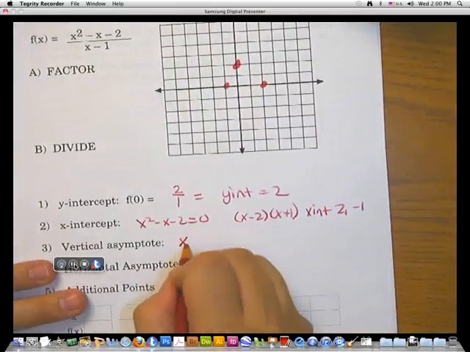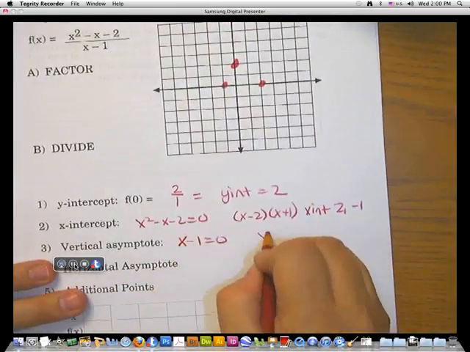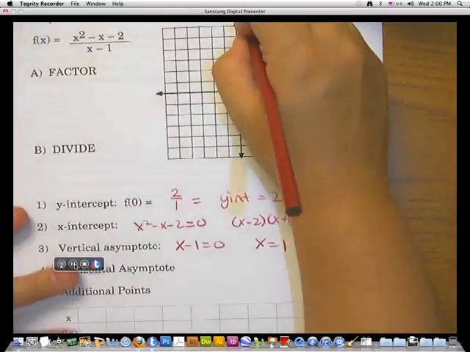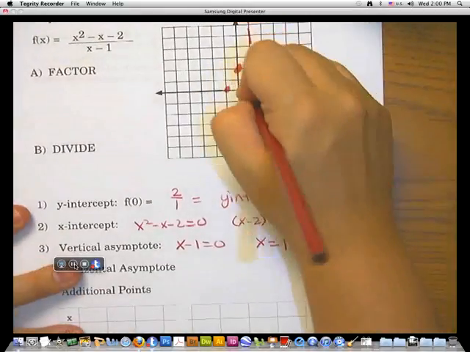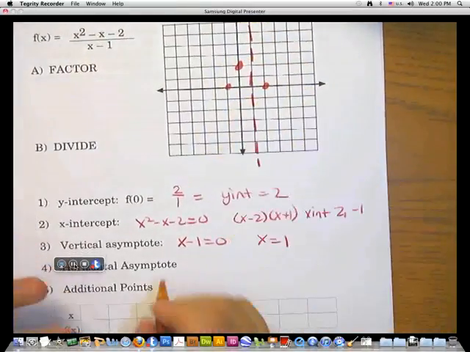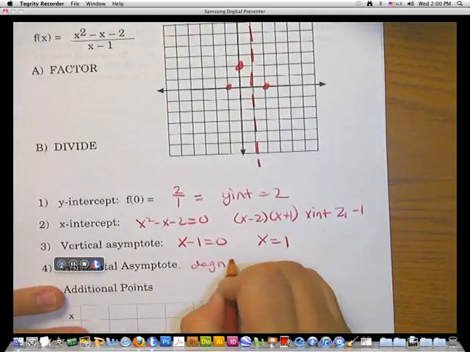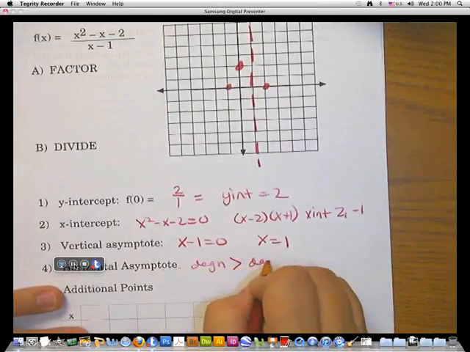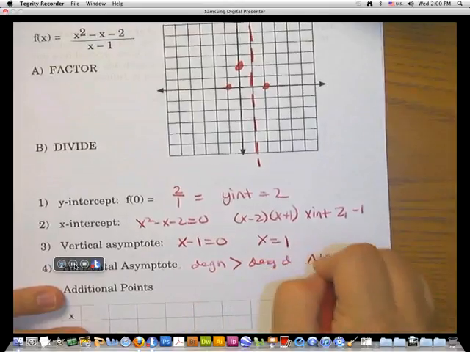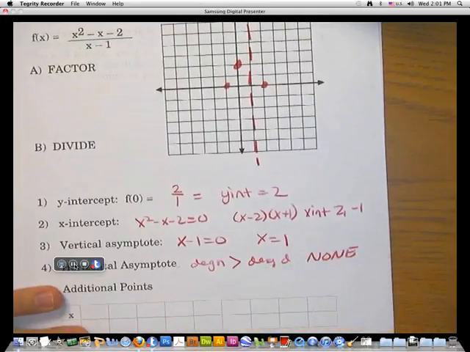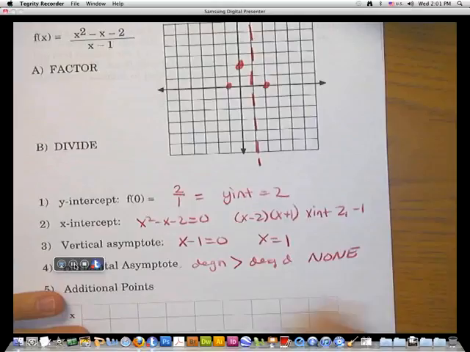The vertical asymptote is when the denominator equals 0. So x is 1. The horizontal asymptote, the degree of the numerator is larger than the degree of the denominator. So there is no horizontal asymptote.